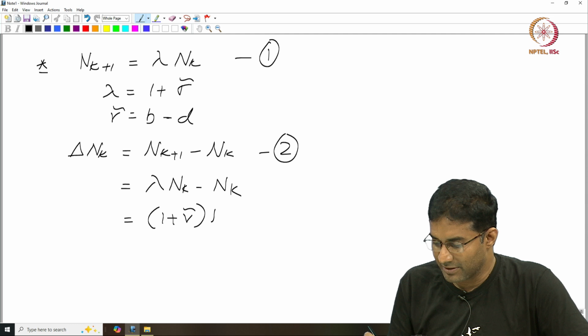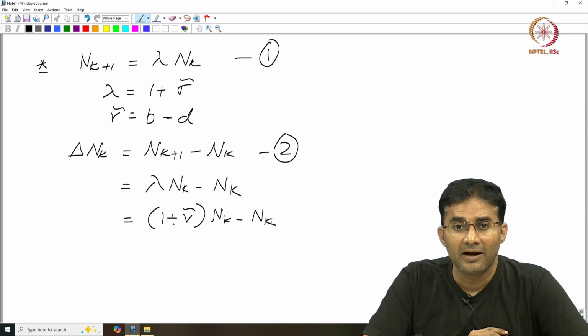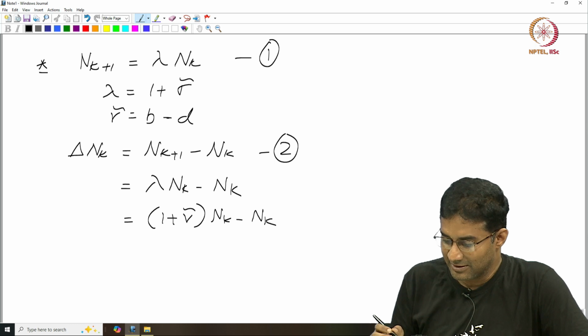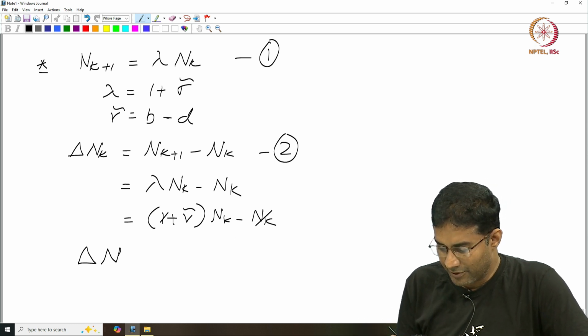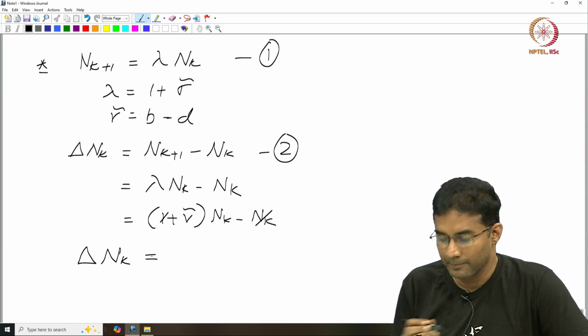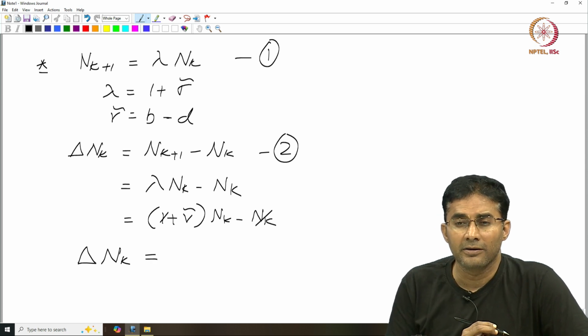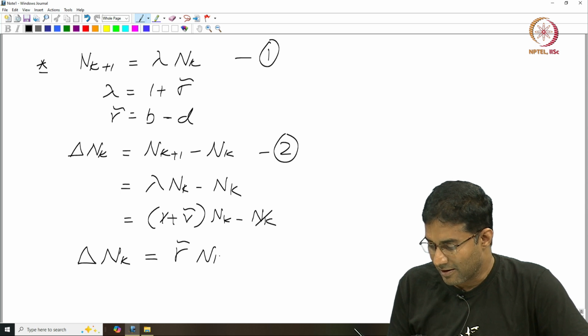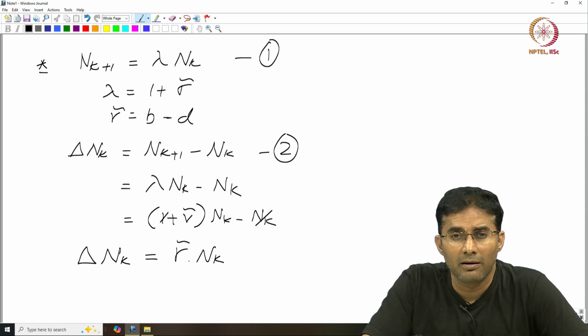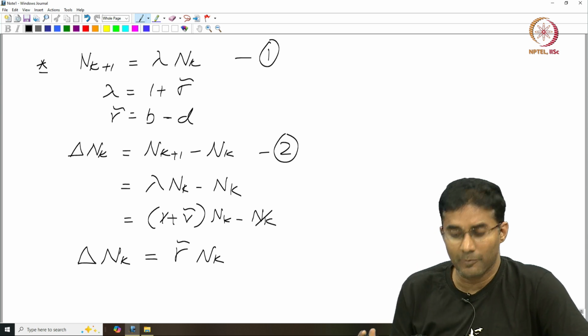So, this becomes (1 plus r tilde) n_k minus n_k, right. And then we quickly realize that the first term and the last term cancel. Therefore, the change in population in one generation is basically given by r tilde, which is a measure of per capita growth rate, times the population size.